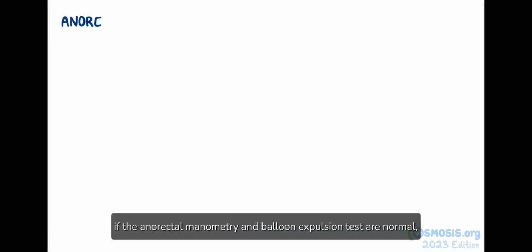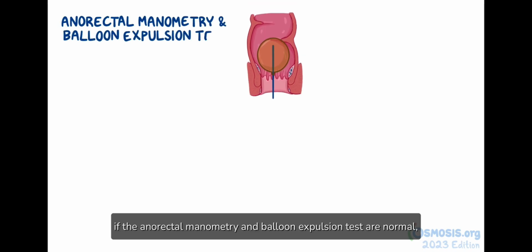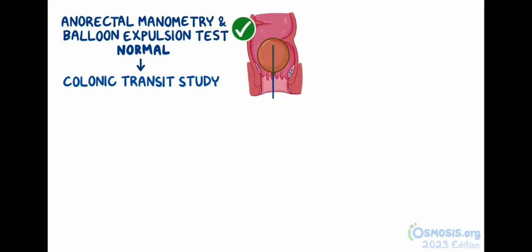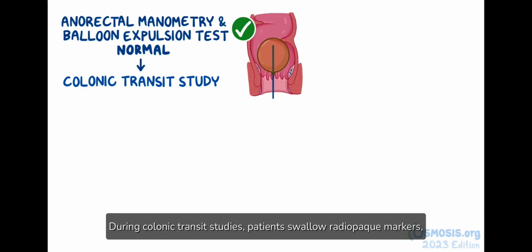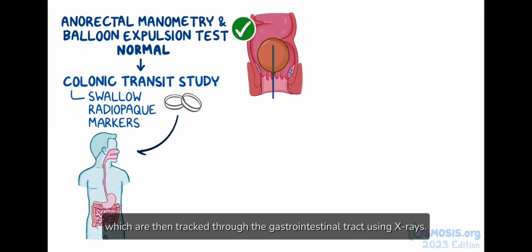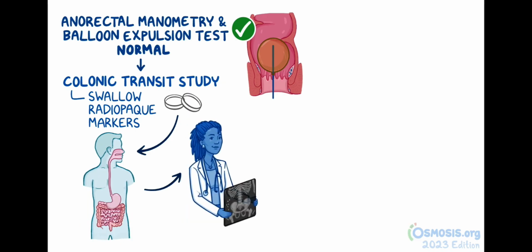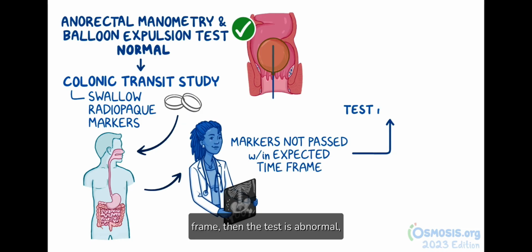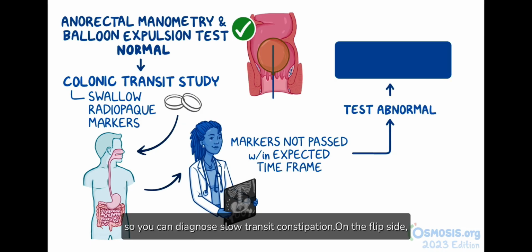However, if the anorectal manometry and balloon expulsion test are normal, your next step is to order a colonic transit study. During colonic transit studies, patients swallow radiopaque markers, which are then tracked through the gastrointestinal tract using X-rays. If the markers are not passed within the expected time frame, then the test is abnormal, so you can diagnose slow transit constipation.